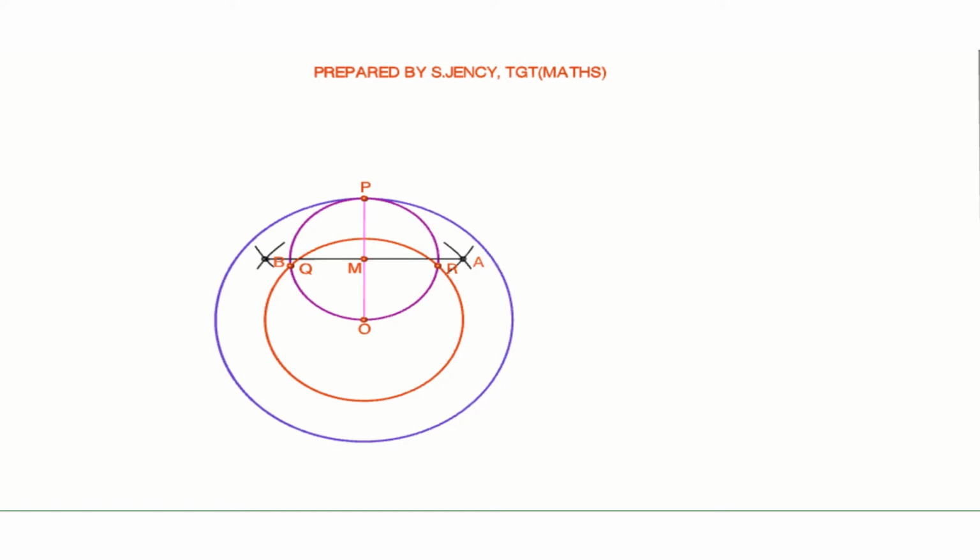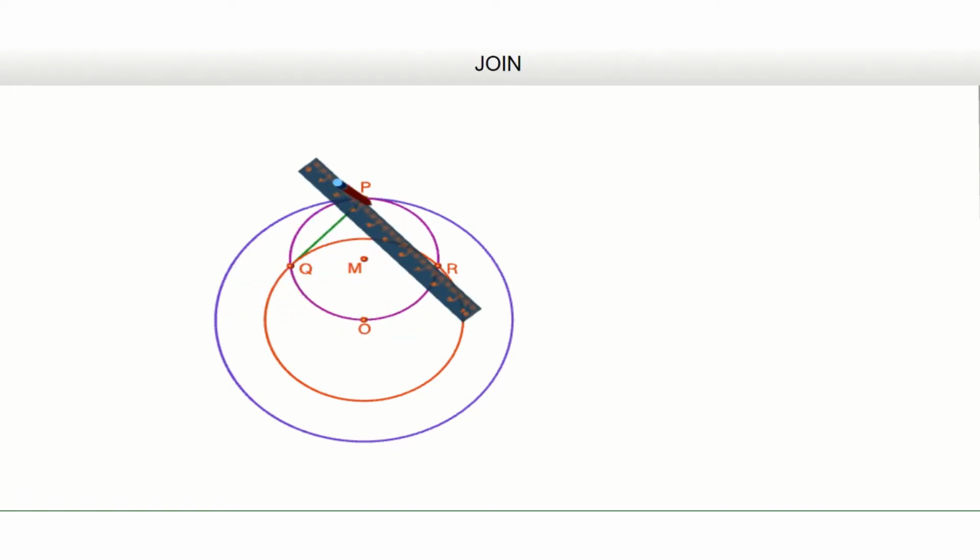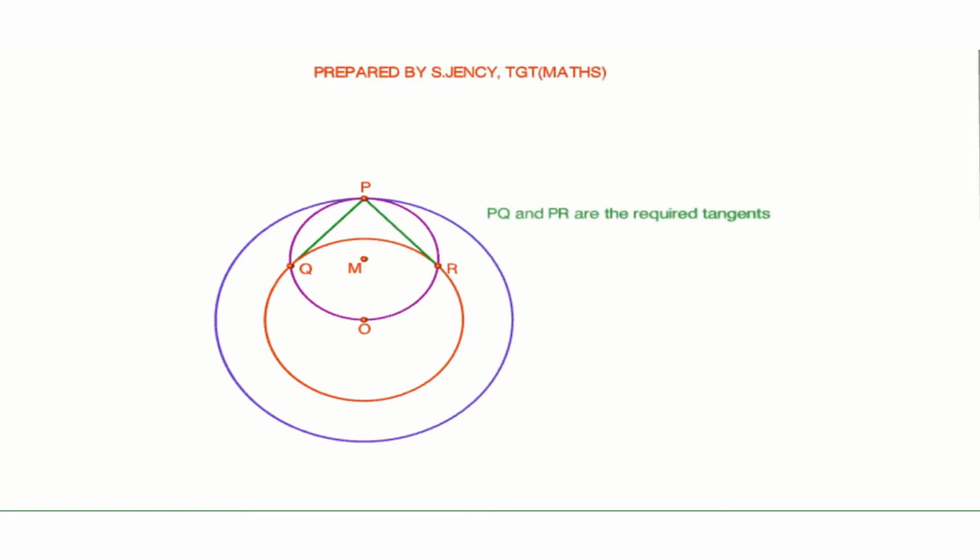So marking Q and R. Now I am going to join PQ and PR. This is the required tangent. Clear?